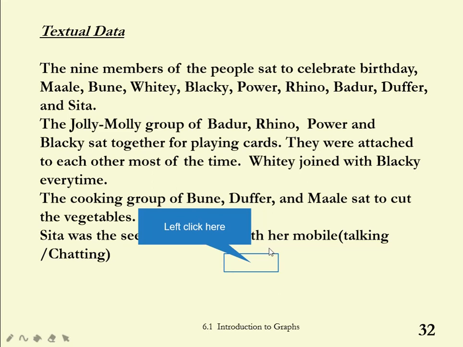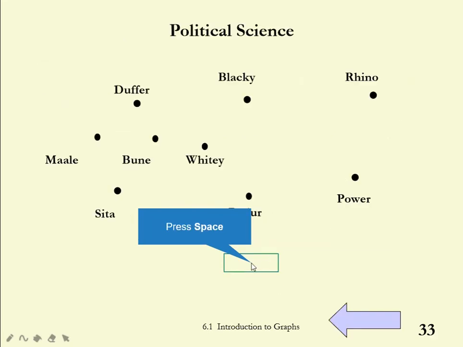Now what this means, let us see the next slide. In the next slide I have represented the mathematics of it. How do I infer this? From the present text, I have made all 9 persons into 9 black dots.